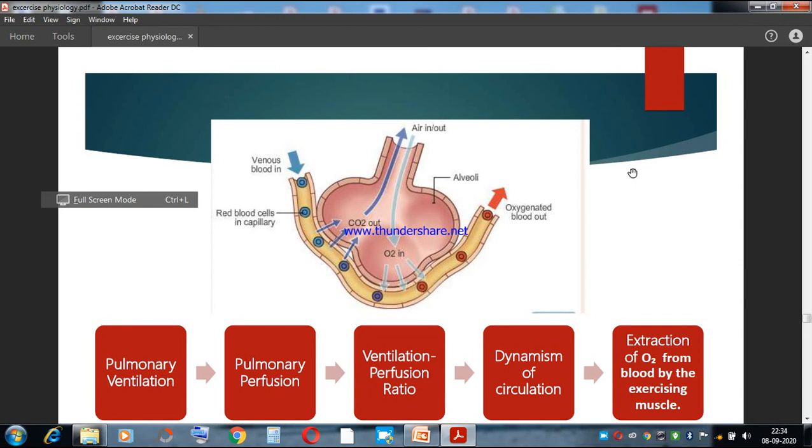So the perfused area extends to the unperfused area due to the increased pulmonary ventilation, and this is known as dynamicity of the circulation. This will lead to the extraction of oxygen from the body by exercising muscles. So more and more perfusion is there, that means more and more diffusion of oxygen across the respiratory membrane, and hence more blood will be saturated, and the oxygen can be taken up to the most demanding muscle, that is the exercising muscle, right?